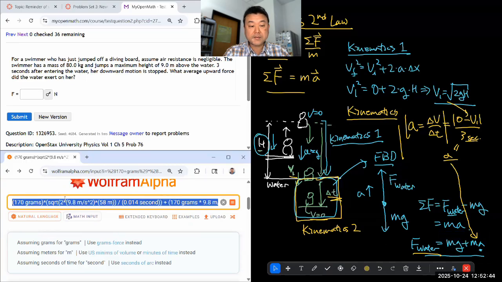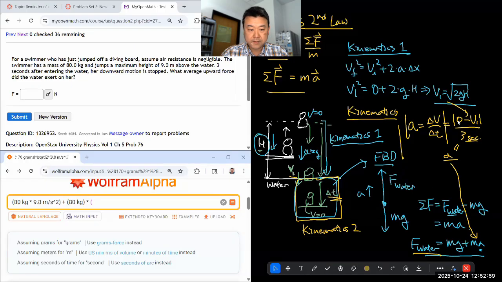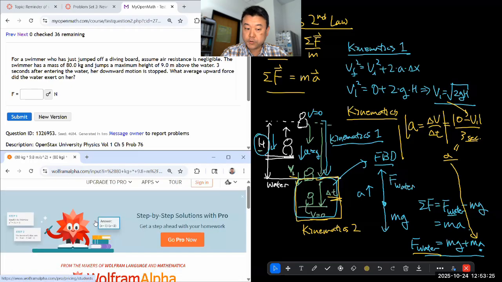I have my mass, 80 kilograms, times the gravitational acceleration, 9.8 meters per second squared, plus mass, 80 kilograms, times the acceleration, which is v1 divided by 3 seconds. For v1, I go back to the square root of 2gh, so that's the square root of 2 times 9.8 meters per second squared times h, 9 meters. I think all the parentheses match. So this should be the upward force due to water.